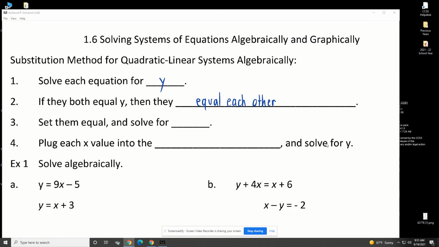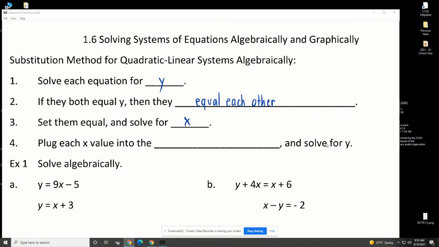That makes sense, doesn't it? Now think about it. If they equal each other, what can we do with them? We can set them equal to each other. And if we set them equal to each other, we no longer have a y. We only have x. And what can we do if we only have x? We can solve for x.